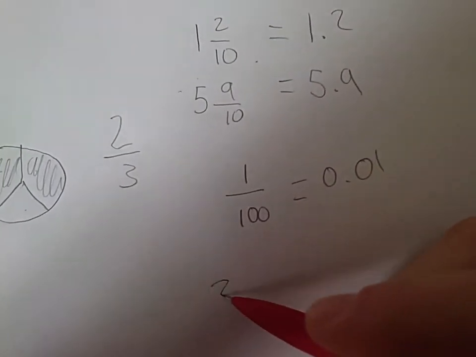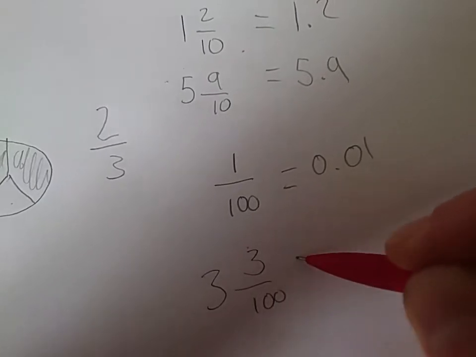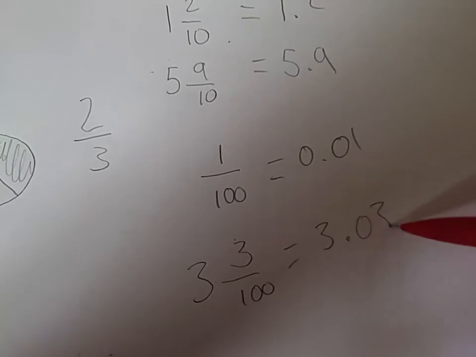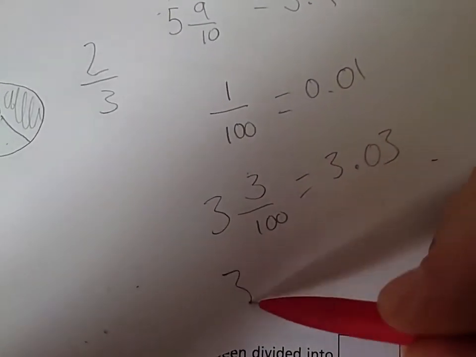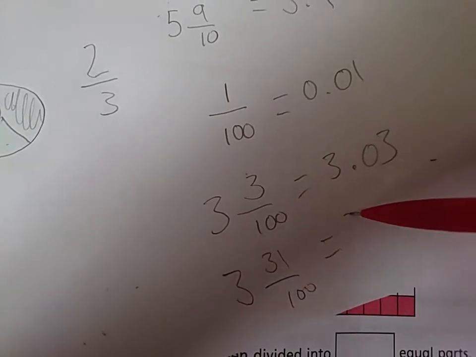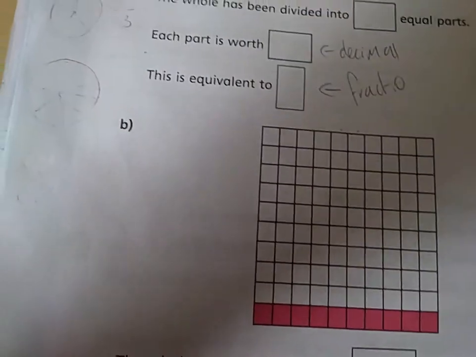So if I had 3 and 3/100ths, that would be the same as 3.03. And if I had 3 and 31/100ths, I'd have the same as 3.31. Okay, I hope that makes sense.